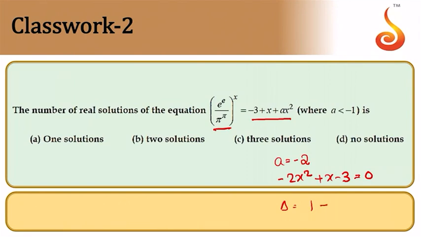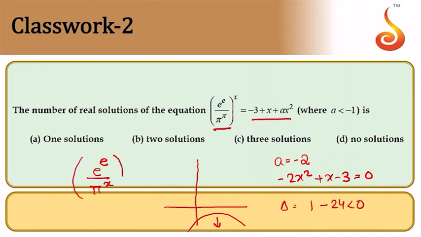If you observe very carefully, what is the discriminant? This is the quadratic equation given. Discriminant delta is equal to 1 minus 3 2s are 6, 6 4s are 24, so 1 minus 24 is less than 0. So obviously the graph of this curve will be concave down with no real roots.